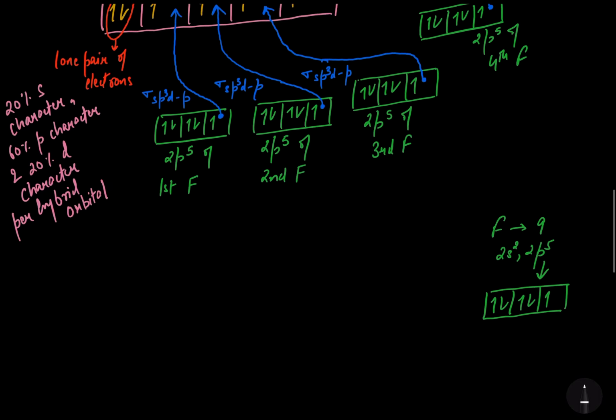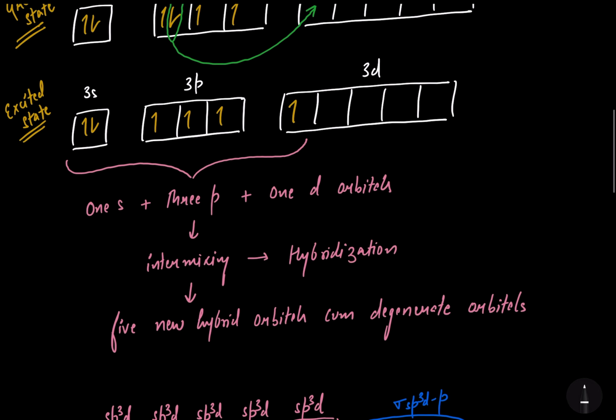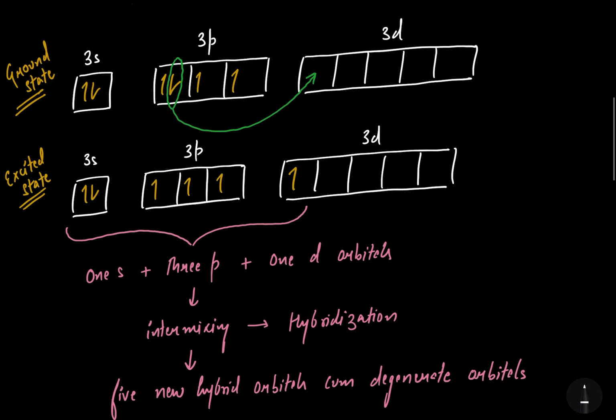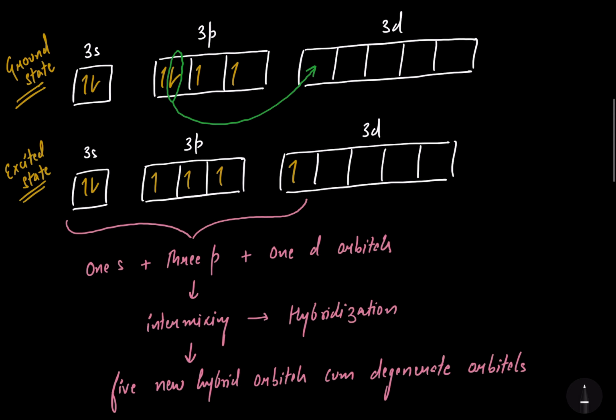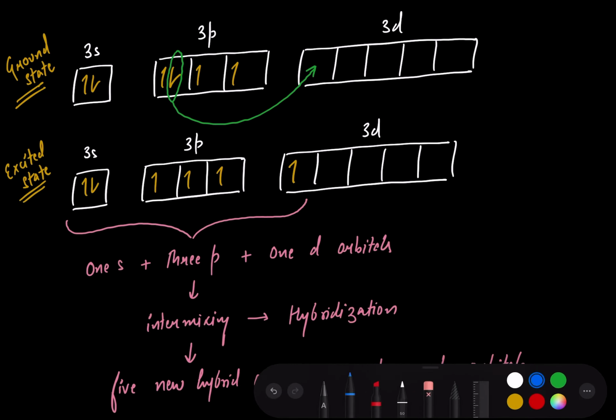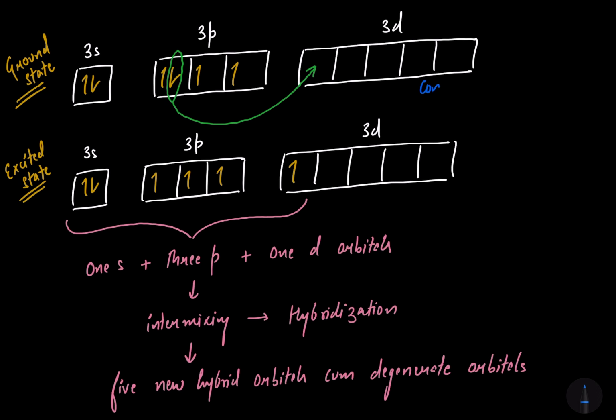Now let's talk about the energy points, which I always talk about at the last. Here two types of energies are consumed. The first one is energy consumed for the excitation of electron from 3p to 3d. So here I am writing consumption of promotional energy.